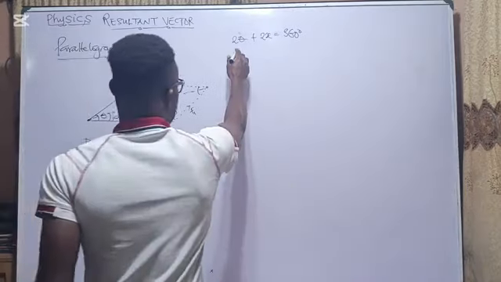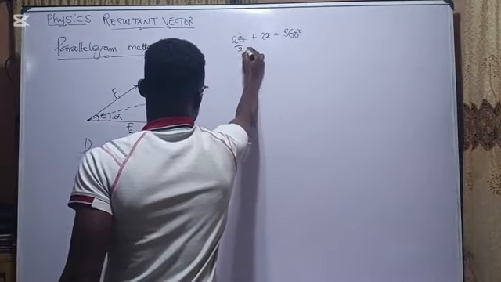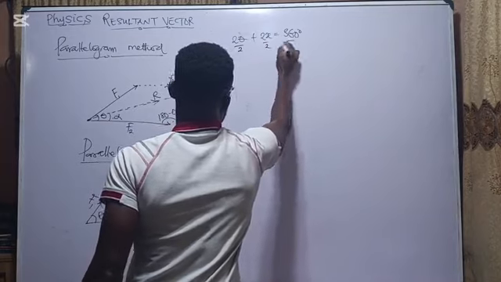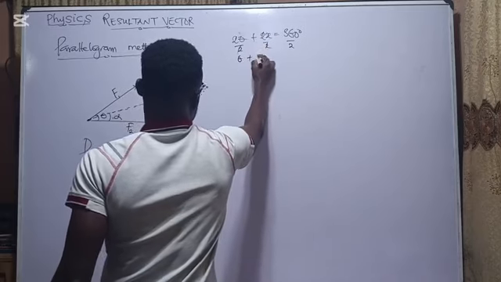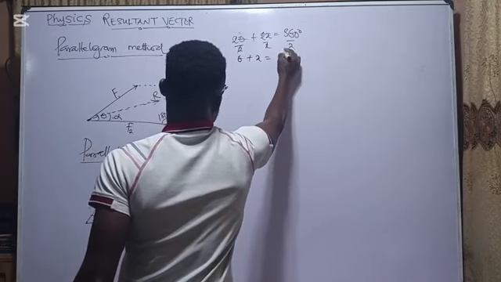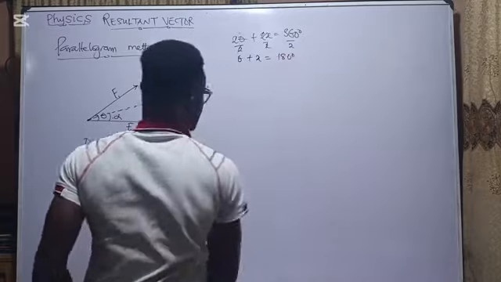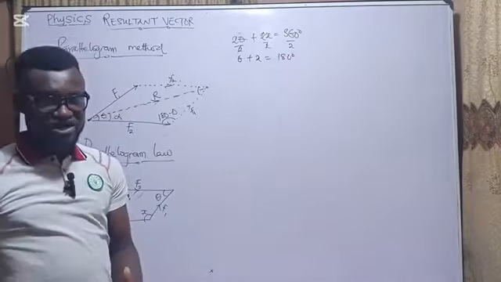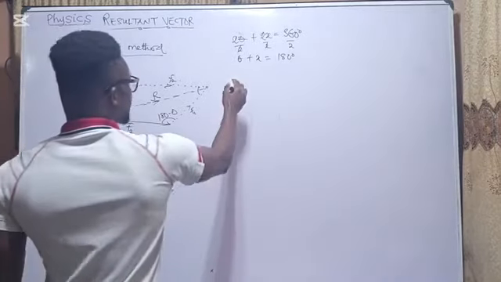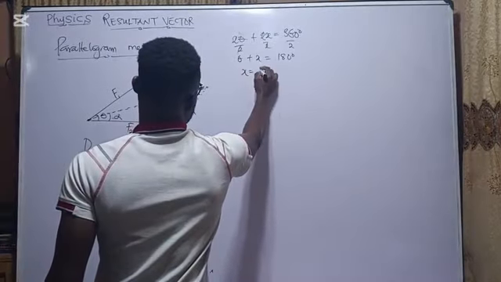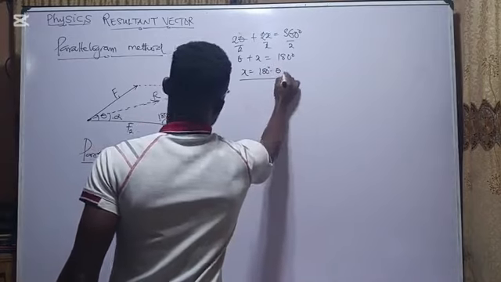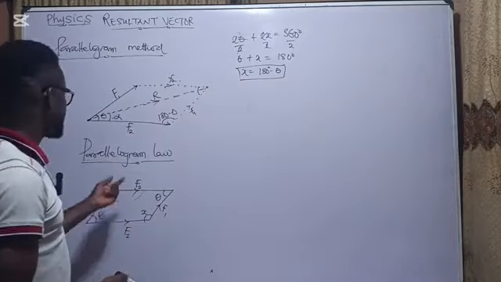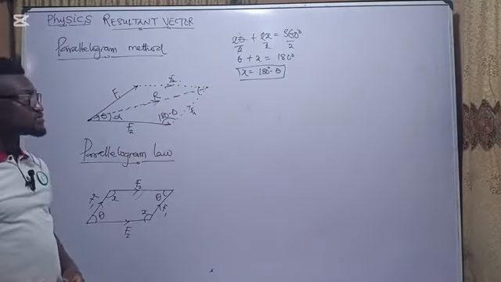So divide both sides by 2. Then we have theta plus x is equal to 180 degrees, right? Now we are looking for the value of x. If you make x the subject of the formula, we get 180 minus theta. So that's how we got this very angle.